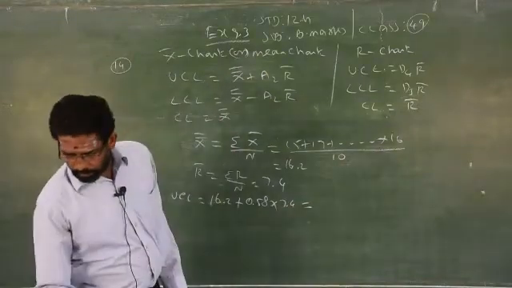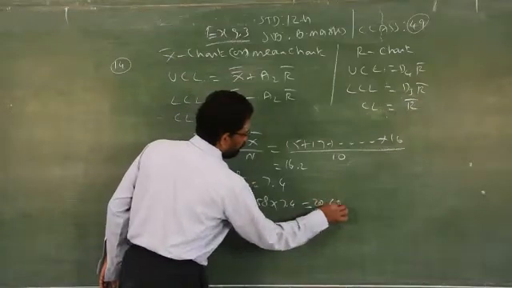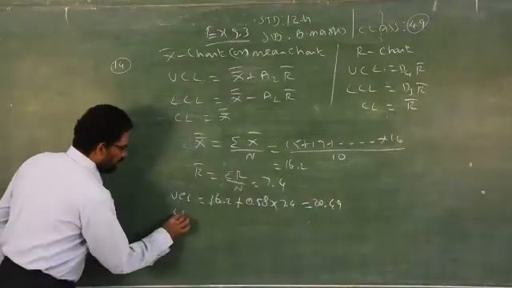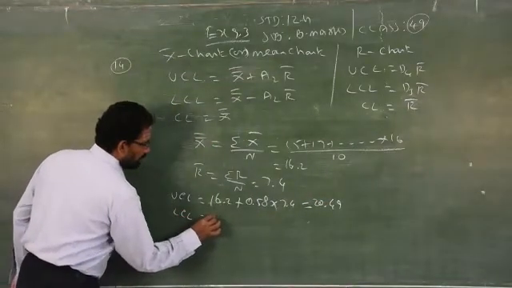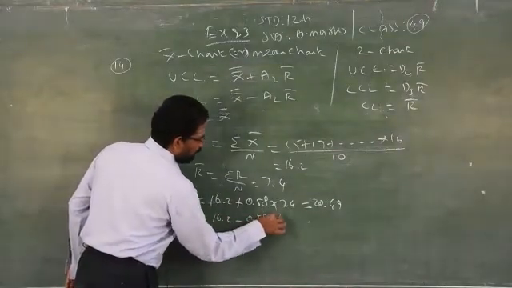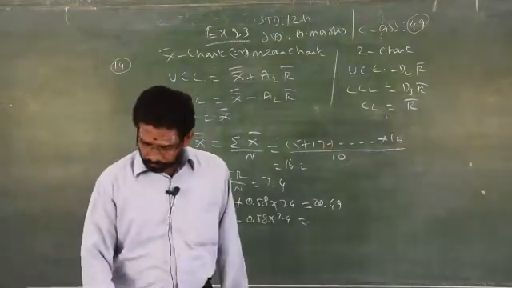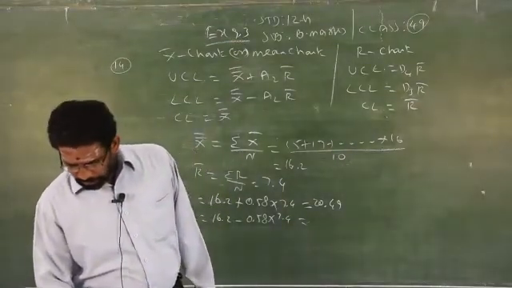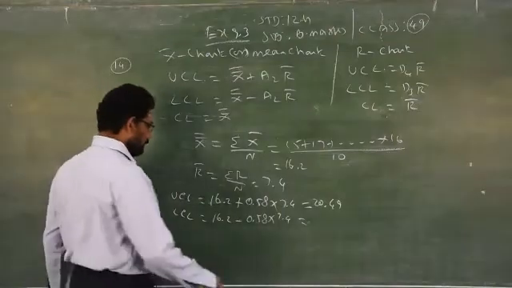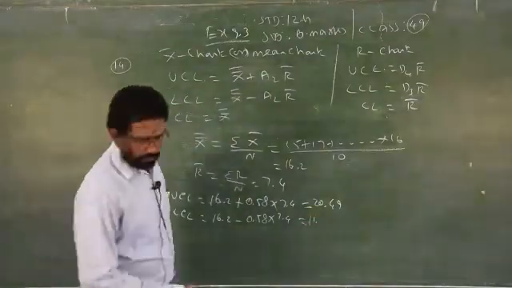What will be the answer? 20.49. Clear? Next you have to find out LCL, that is 16.2 minus 0.58 into 7.4. That is the LCL answer, 11.91.